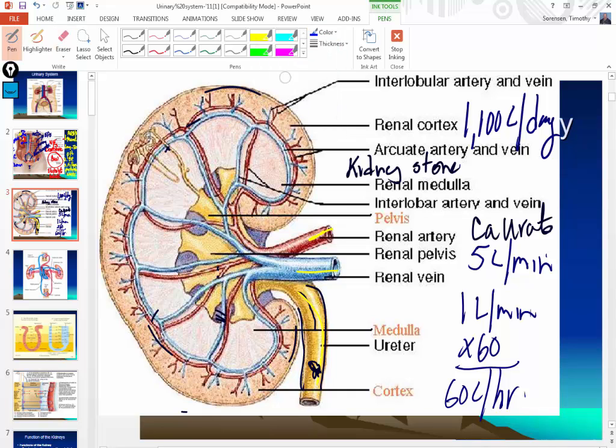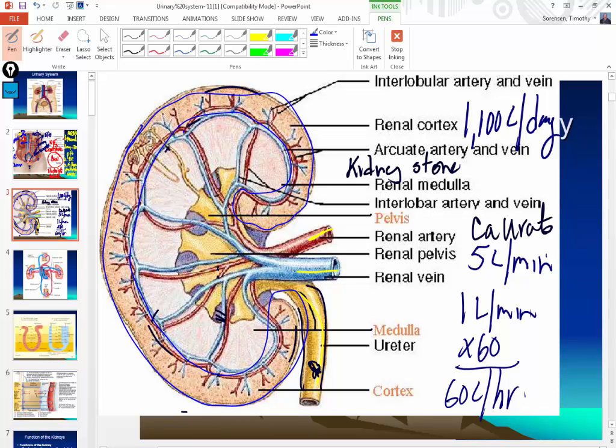So watch. This part of the kidney right here is called the cortex. You learn this in general. And most of the nephrons in the kidney are referred to as cortical nephrons, meaning the glomerulus begins in the cortex.